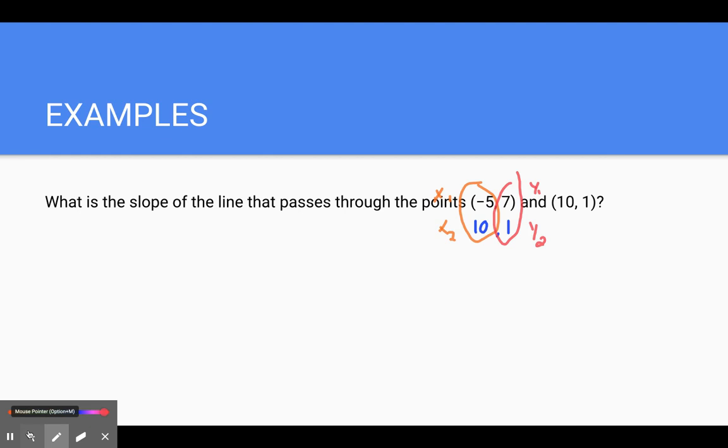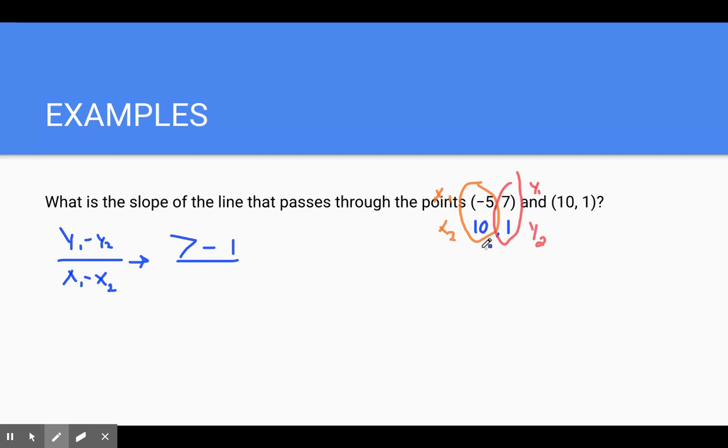Now we need to find the slope. Our slope, the equation is y1 minus y2 over x1 minus x2. And now we just simply plug those numbers in that we've already found. So y1 is 7 minus y2 is 1, over x1, we said was -5, minus x2 is 10.